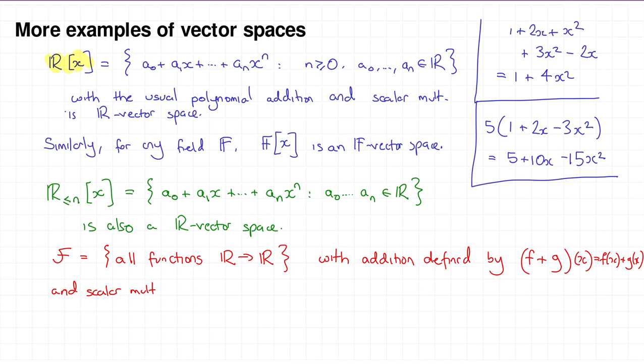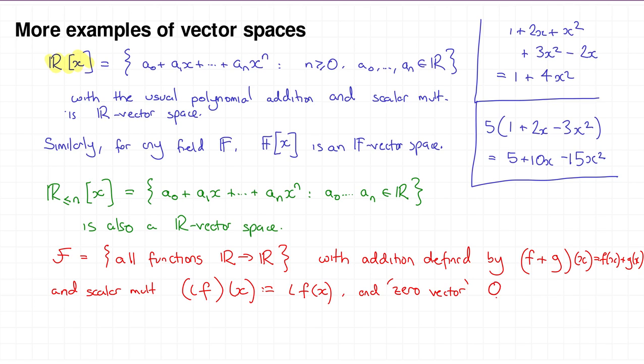And we also have to say what the scalar multiplication is. So if I have a real number L and a function f, then I'm going to define L times f to be the function which, when you give it an input x, gives you the output L times f of x. And finally, the 0 vector is going to be the constant function which always takes the value 0.